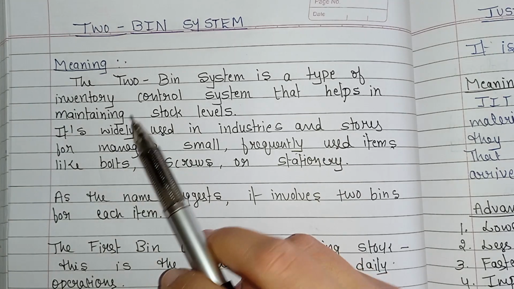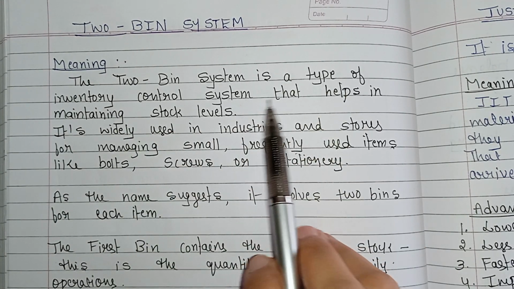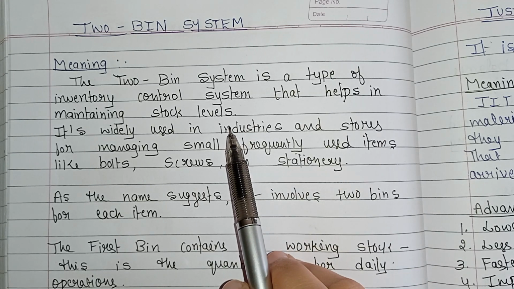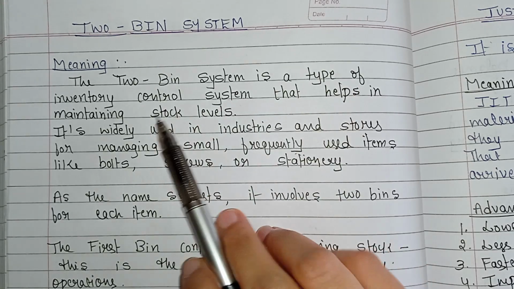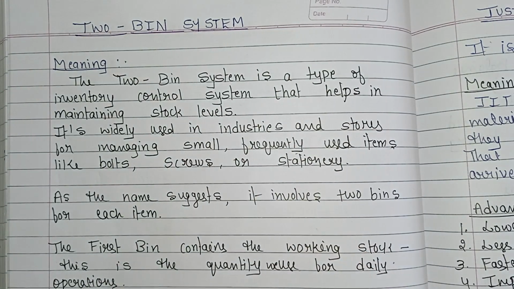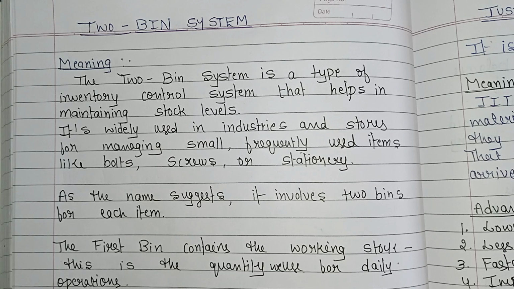Let's see the meaning. The two-bin system is a type of inventory control system that helps in maintaining stock levels. It ensures the right amount of stock is available at the right time, so avoiding both shortage and excess.